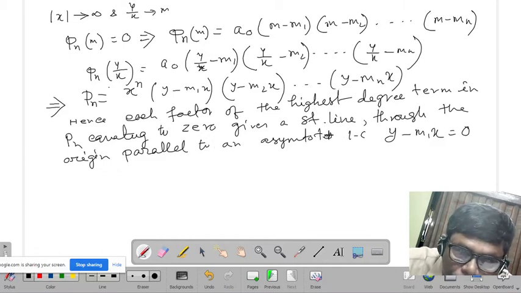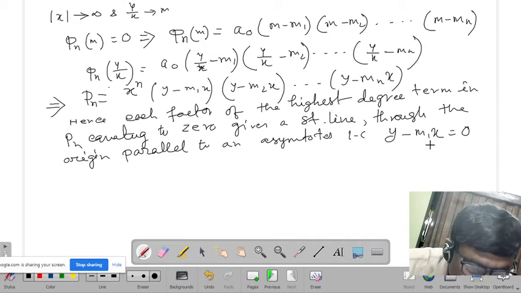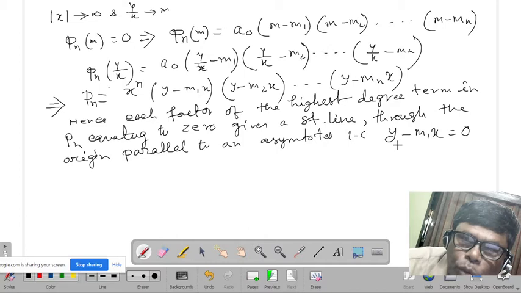Passing through the origin means c1, c becomes 0. Okay, so you have got this one.